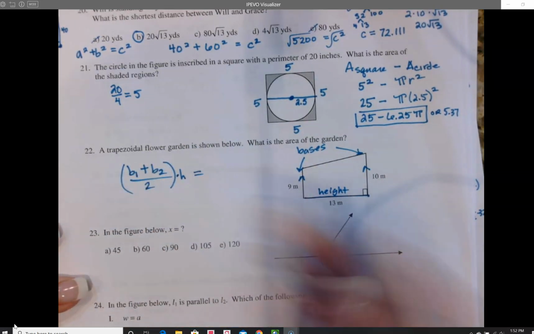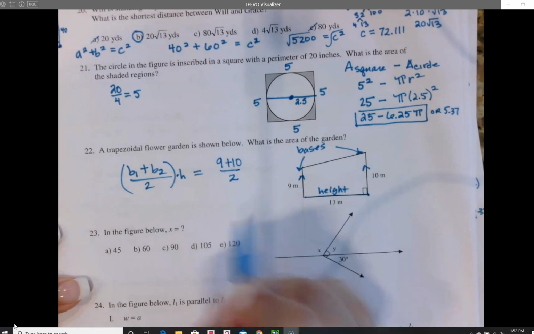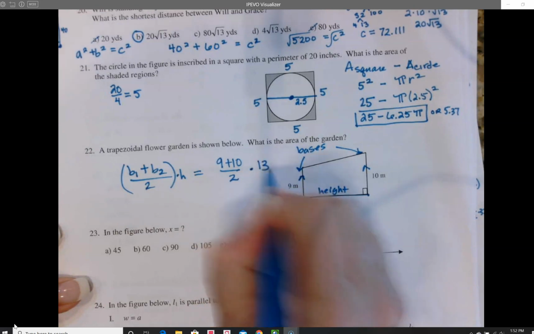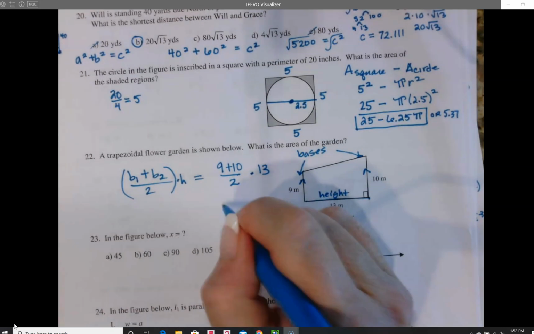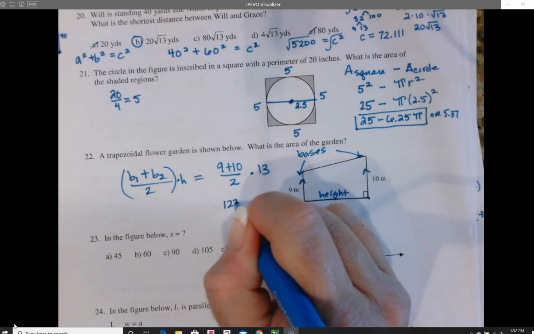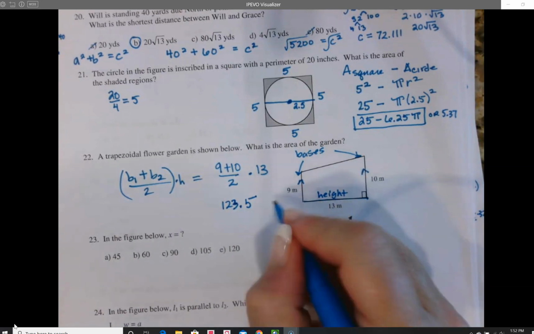So we're going to add our bases together, 9 plus 10, cut it in half, and then multiply all that times 13. So 19 divided by 2 is 9.5, and times 13, we get 123.5, 123.5 square meters.